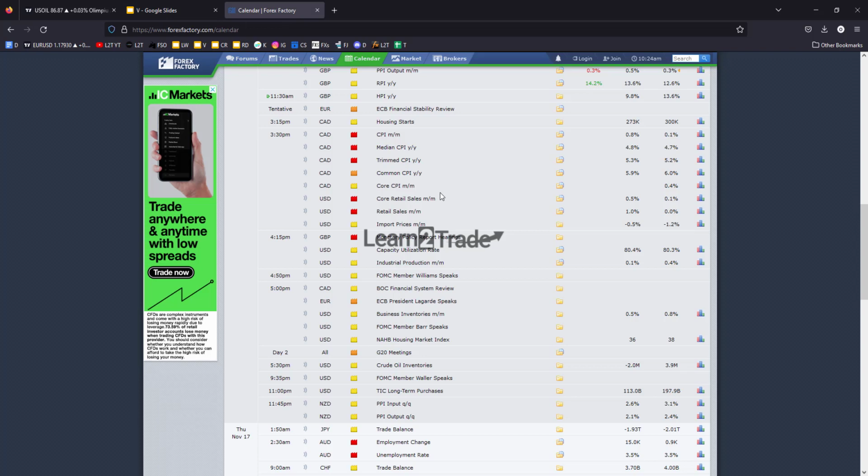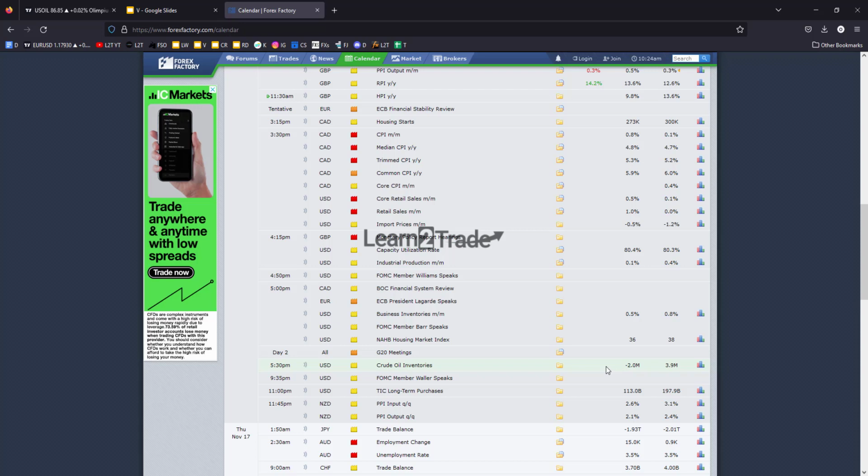Because let's take a look today. The Canadian consumer price index could bring high volatility and sharp movements on the Canadian dollar, on the US dollar, and also on the US oil. Also don't forget core retail sales from the United States, and crude oil inventories, guys. This indicator is expected in negative territory.